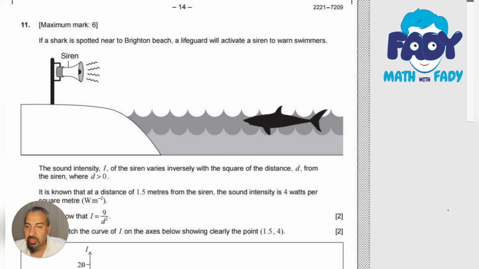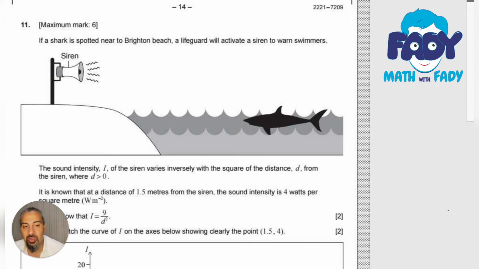If a shark is spotted near to Brighton Beach, a lifeguard will activate a siren to warn swimmers. The sound intensity I of the siren varies inversely with the square of the distance d from the siren, where d is more than 0.